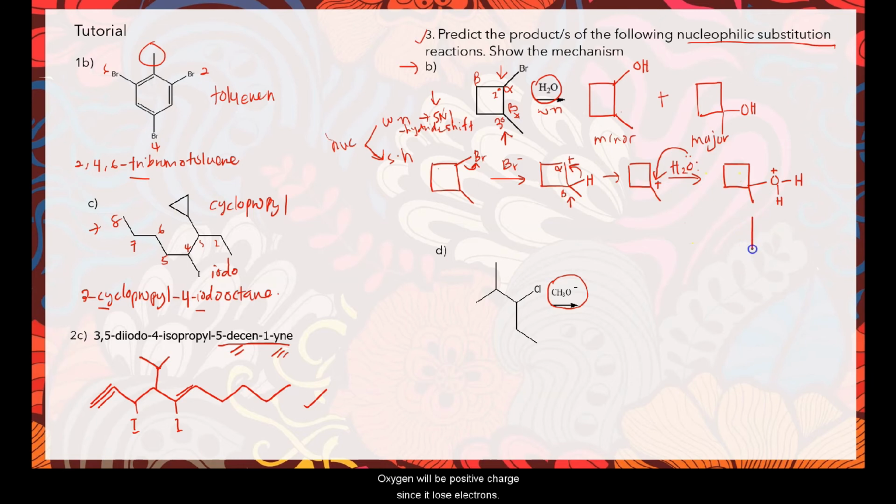Last step, the bromide ion will take one hydrogen from the O and H, and the bond between O and H will be given to the oxygen as it will neutralize the positive charge of oxygen. Then you will get the final product.